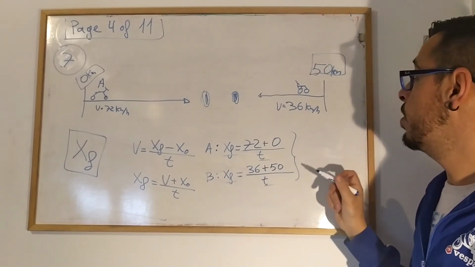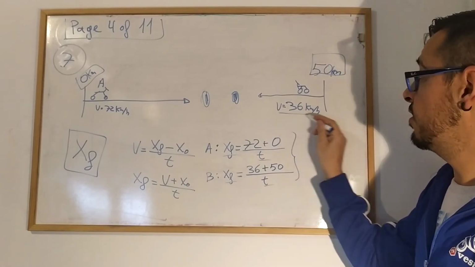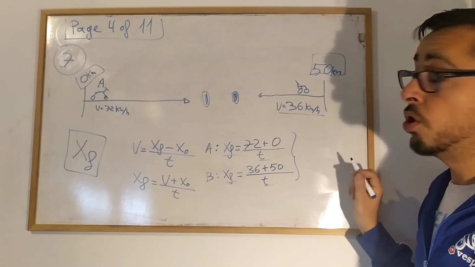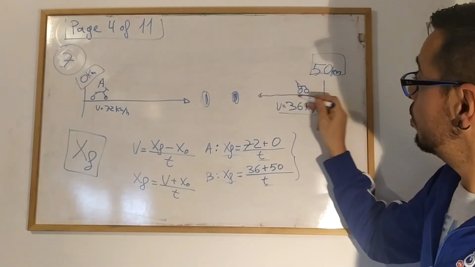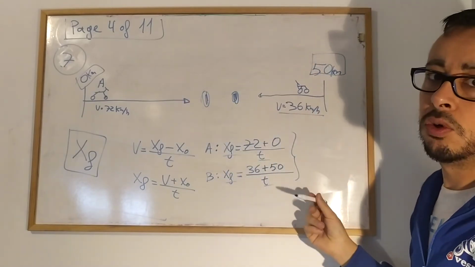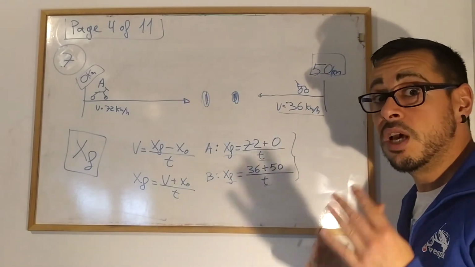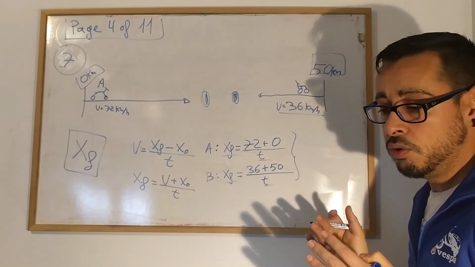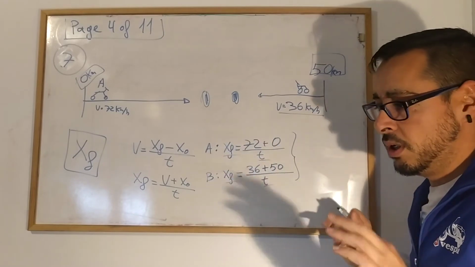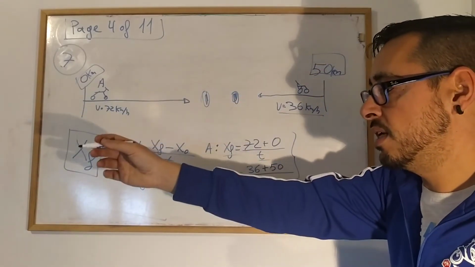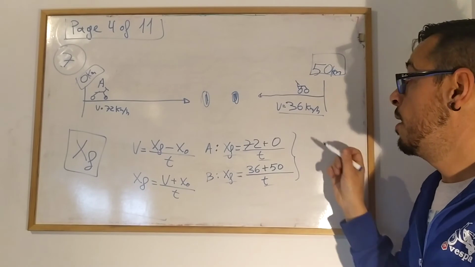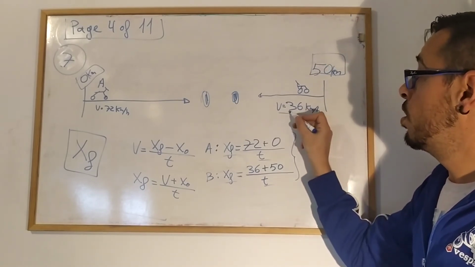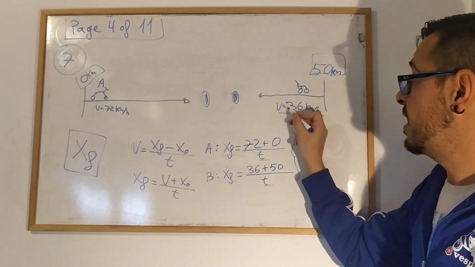Be careful because velocity is 36, but velocity is a vector magnitude because it has direction. Force, do you remember this? Force is not a vector magnitude because force is force, newtons. It doesn't matter if it goes in one sense or another sense, okay? But in the case of velocity, it's a vector magnitude, so we have to put the sign.